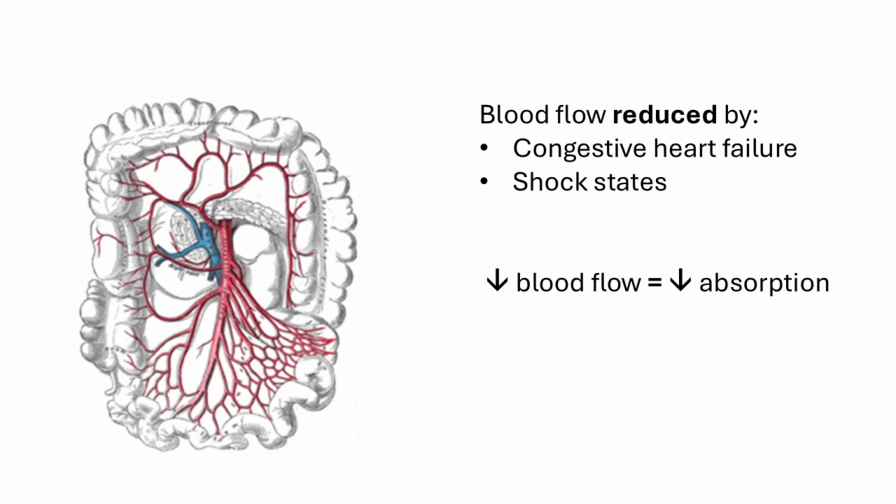However, conditions that decrease mesenteric blood flow, such as congestive heart failure and septic shock, will decrease the rate that drugs are moved into the systemic circulation. Consequently, this decreases the concentration gradient and rate of drug absorption. These conditions can also reduce the absorption of drugs rectally and transdermally.